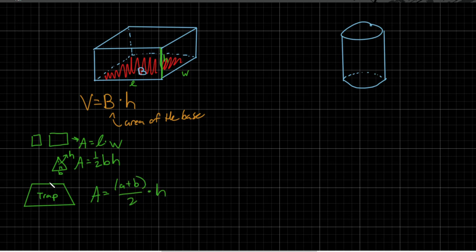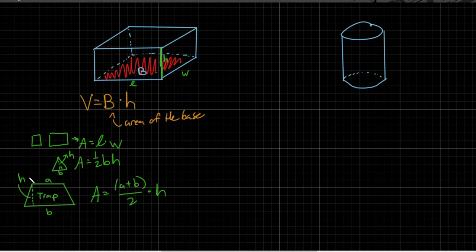Okay, Liam said base 1, base 2. So this is a, this is b. And we need our height here. Height. Liam, did you guys do that this year? No? Yes. That should have been in like the first half of the year. It's okay if it's not. But now you have the formula. I'm not going to really focus on trapezoids, but there will be one in your homework.